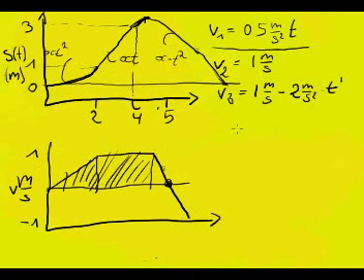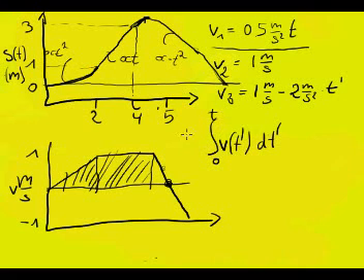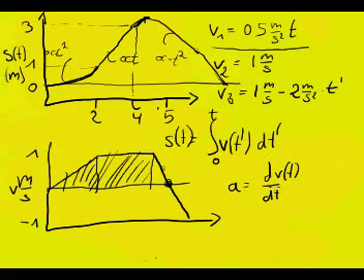The definition for the displacement given the velocity is the integral of v of t prime dt prime from 0 to t. This is our displacement. The acceleration is the derivative dv/dt. V is a function of t.